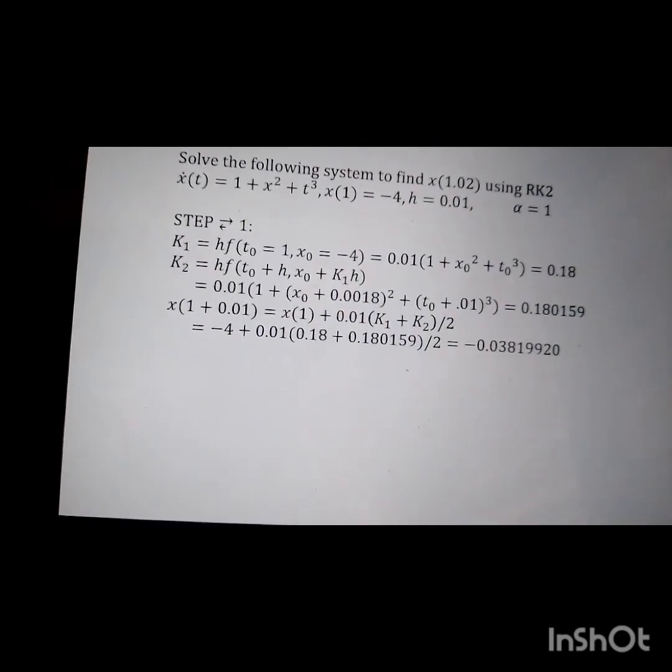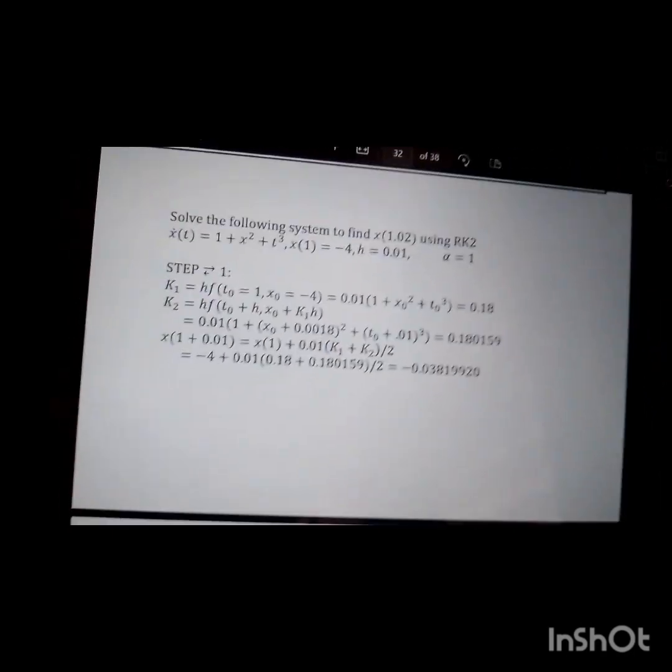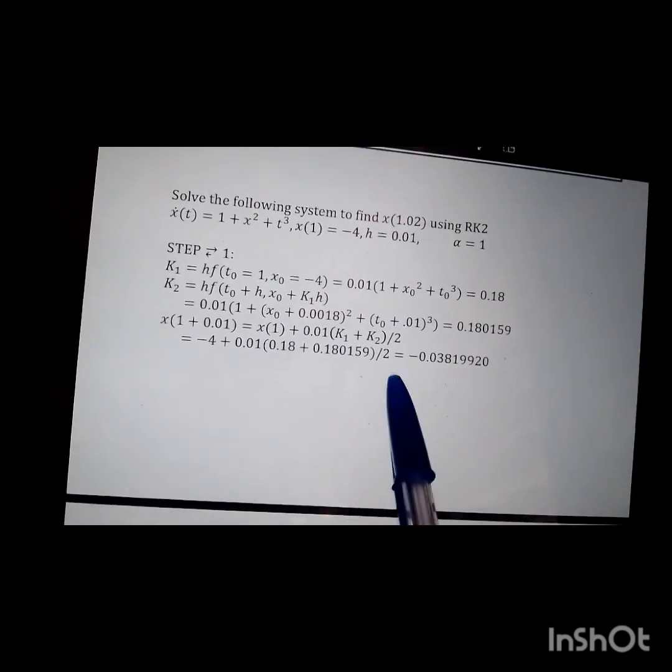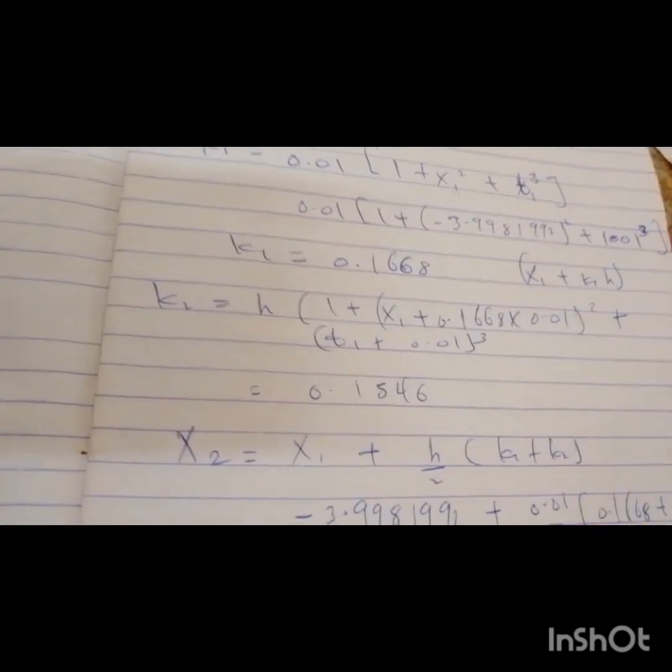Okay, so that was the initial value. This one was actually wrong because that was not the value. It was 3.81992. I think I made a mistake here, so sorry for that. This value is actually wrong. When you type this into the calculator, you won't get this value. So that will be your k1, and you have your k2 here.